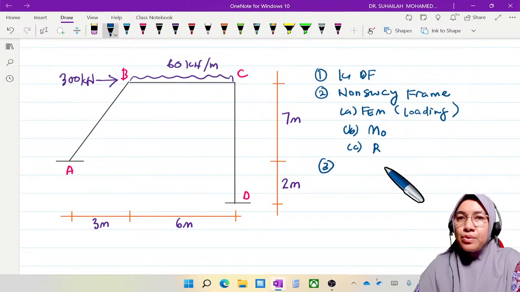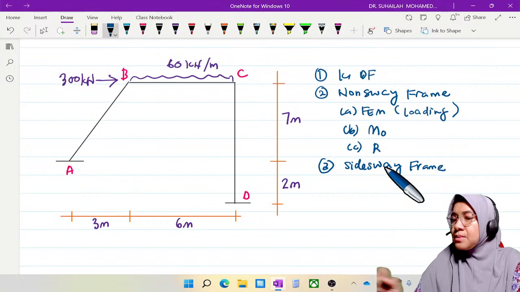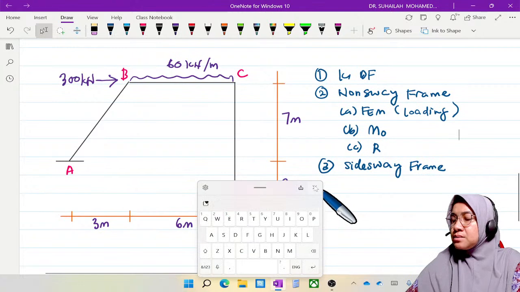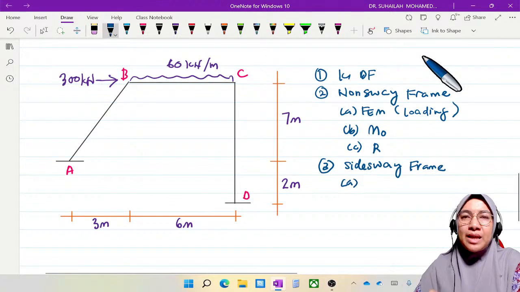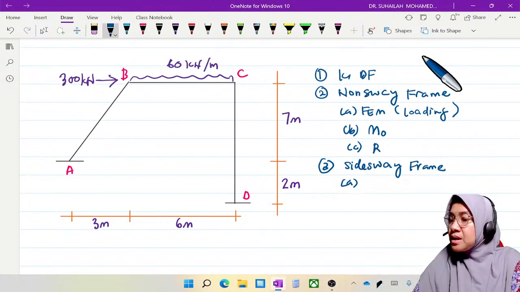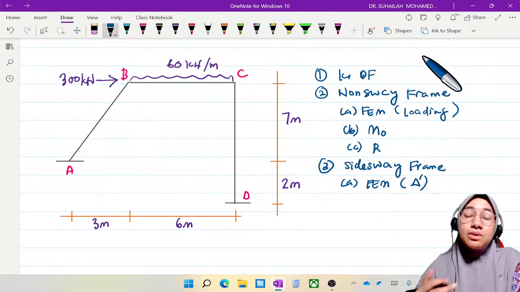And then 3, we will continue to analyze the Sidesway frame. Under the Sidesway frame, we will use table number 2. The FEM that we use under Sidesway frame analysis is actually an assumption FEM, due to delta prime.